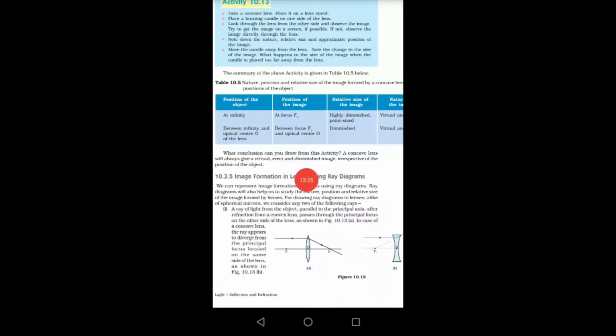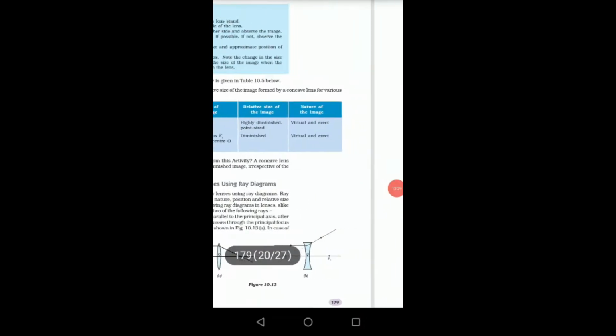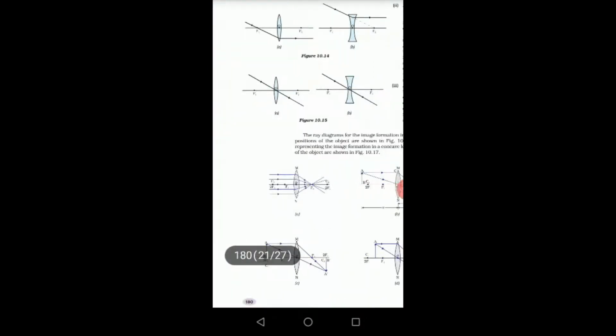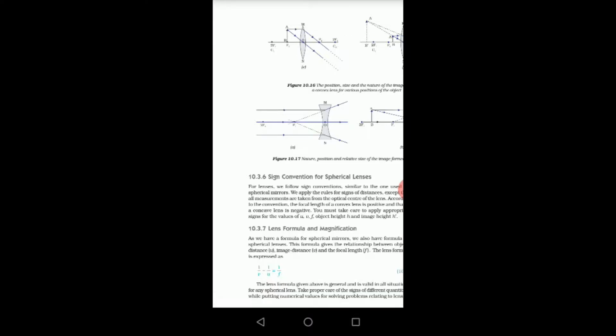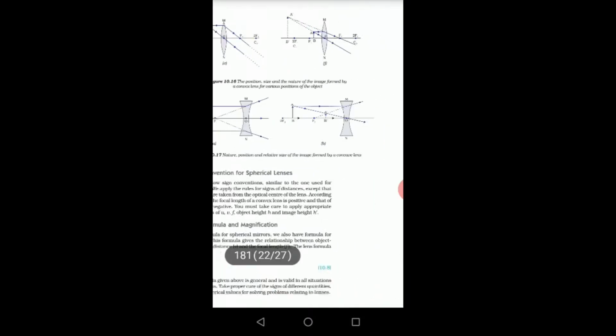Number 2 diminished, number 3 virtual, and erect. See the figure number 10.17 of page number 181 NCERT book. For the first situation, figure number A, and the second situation, the figure number 2.